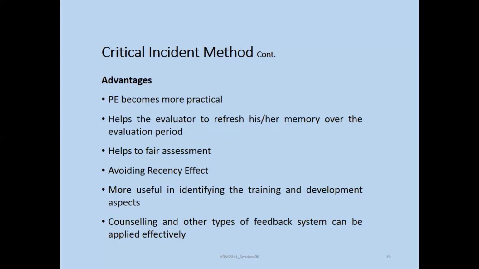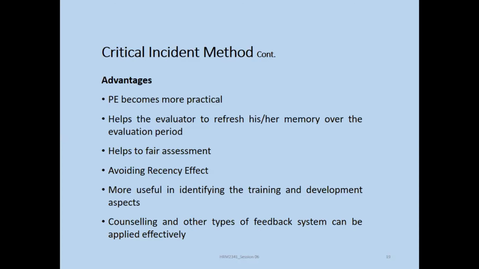The second advantage is that it helps the evaluator refresh his or her memory of the evaluation period. He does not base the evaluation on some selected incidents. He can consider all the incidents because all the critical incidents are recorded in his logbook.